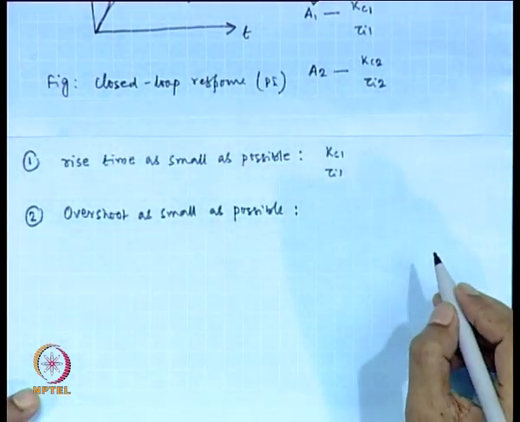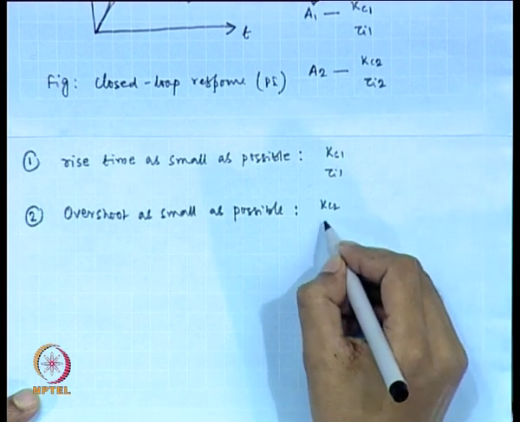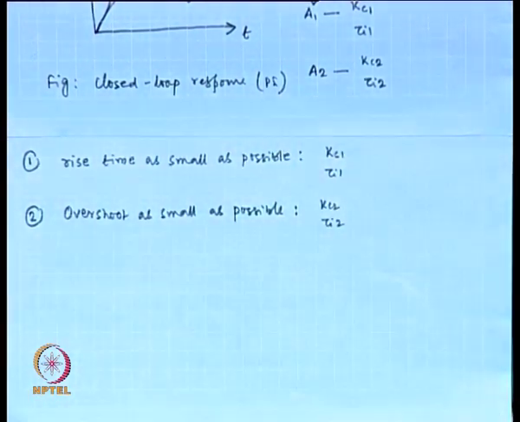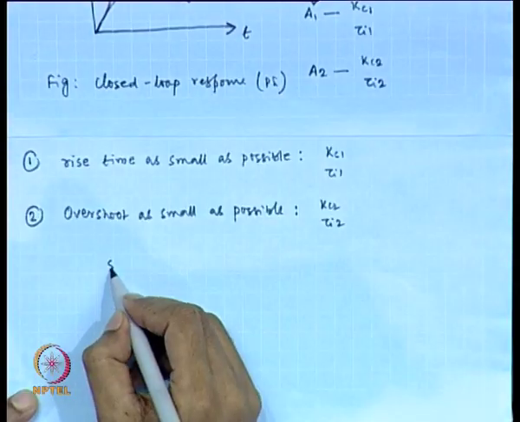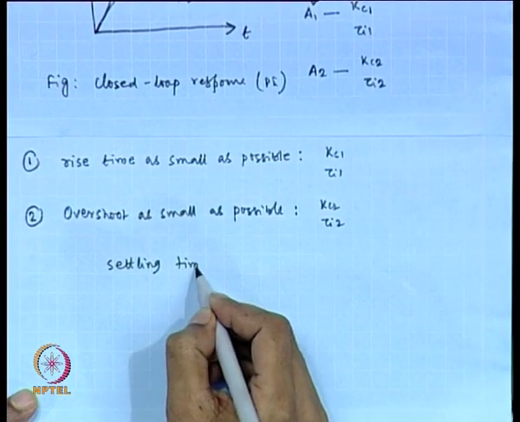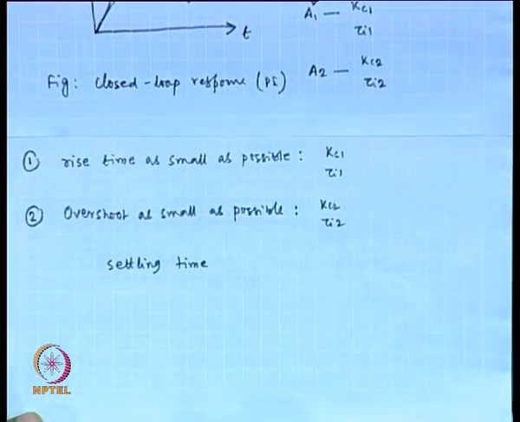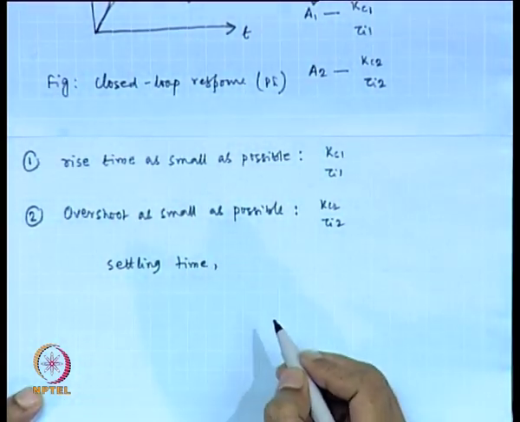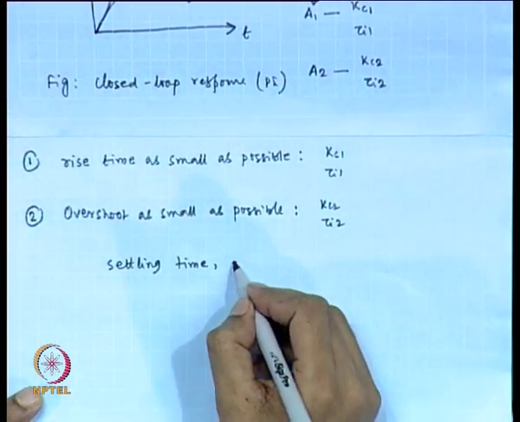Second tuning set, I mean Kc2 and tau y2. Agree? Like this, there are different characteristic features. Like rise time, overshoot, there are a few more characteristic features. They are like settling time should be as small as possible. Another characteristic feature is decay ratio.